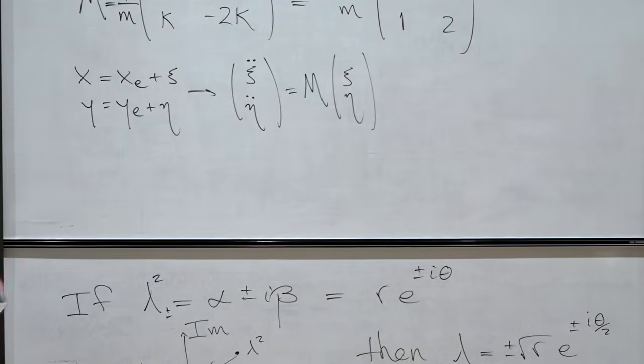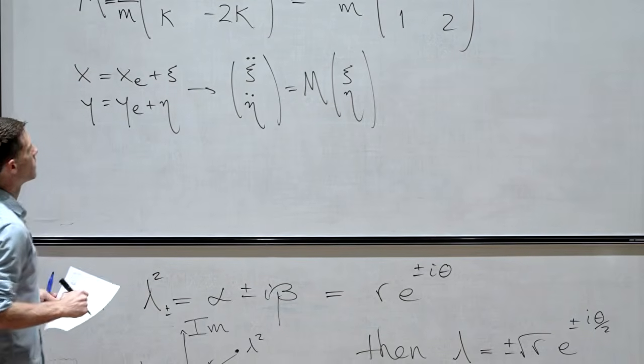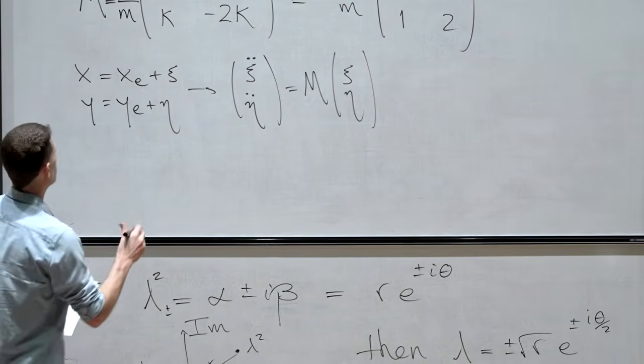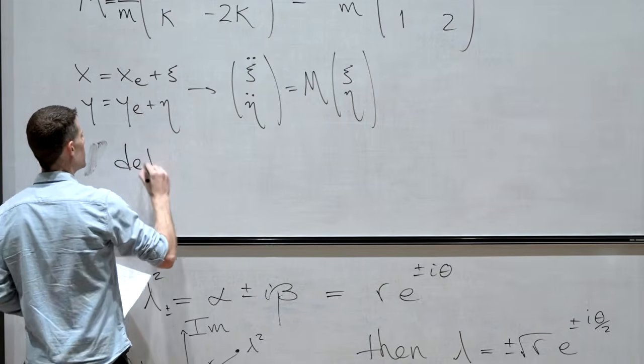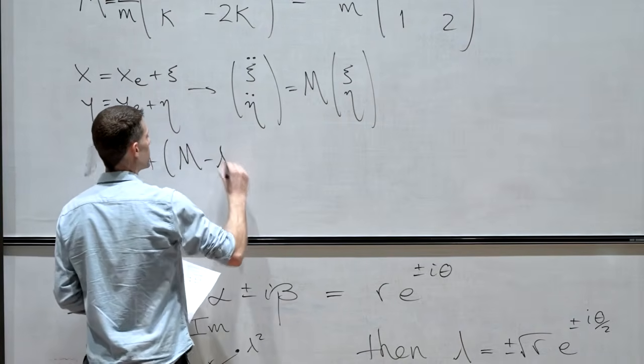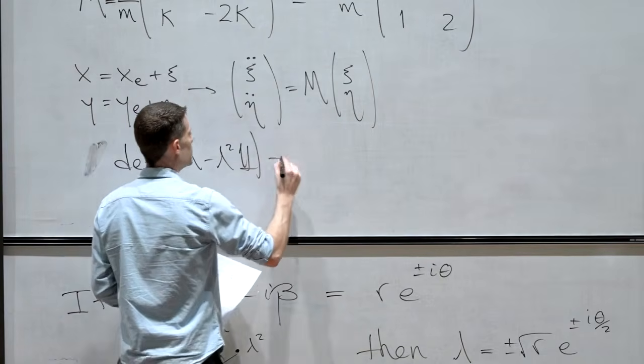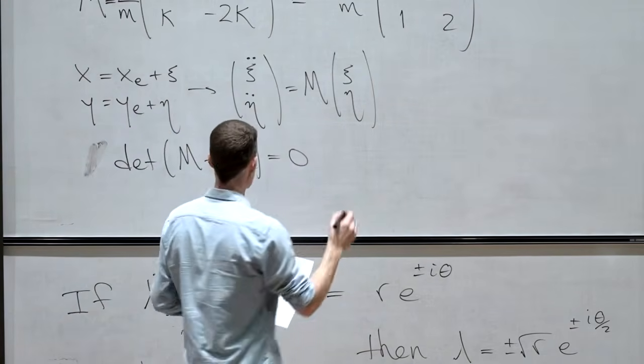Sorry for being repetitive, but that's our process. Psi double dot, eta double dot is M times psi, eta, and the determinant of M minus lambda squared I equals 0 gives us the equation.